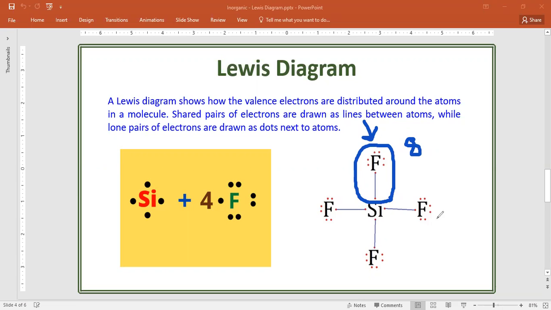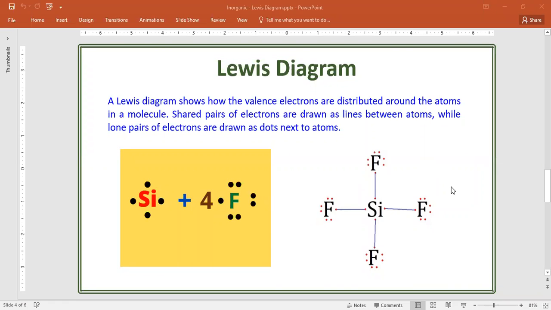Similarly, you check the other fluorines. 7 are already there in the fluorine, and take the one which participated in the bond also. Then again the total is 8. So the octet rule is satisfied by each fluorine.